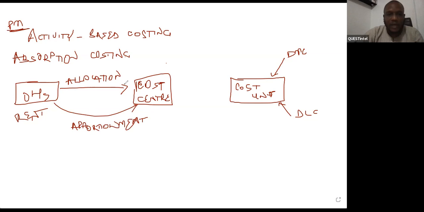Now it is after we have allocated and apportioned. So for the overheads that are directly attributable to the cost center, for example, let's assume we are producing our favorite example, tables and chairs.